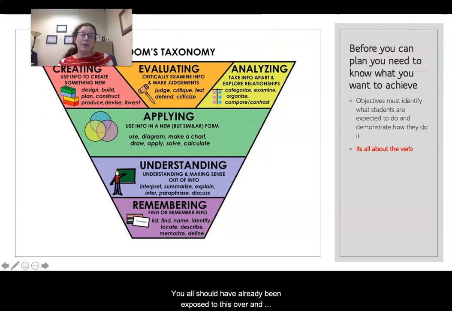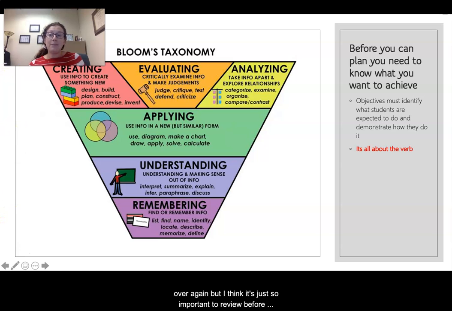You all should have already been exposed to this over and over again, but I think it's just so important to review. Before you can plan, you need to know what you want to achieve. So Louisiana gives you those sub-objectives, but you then need to break it down into where they will be on Bloom's taxonomy. And it's all about the verb.